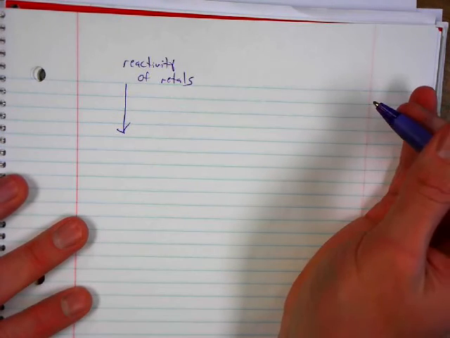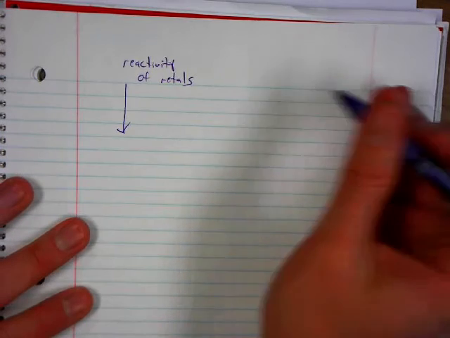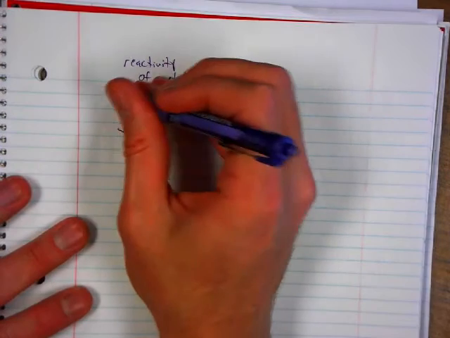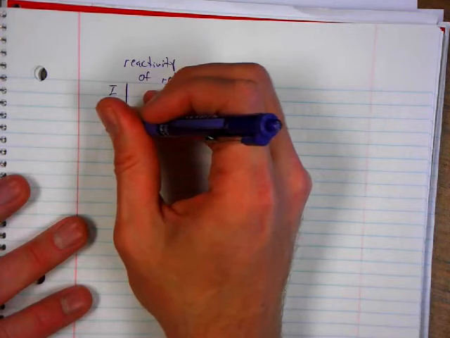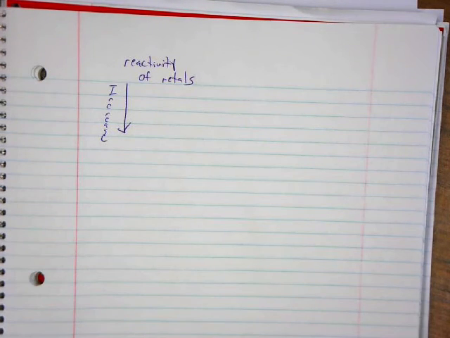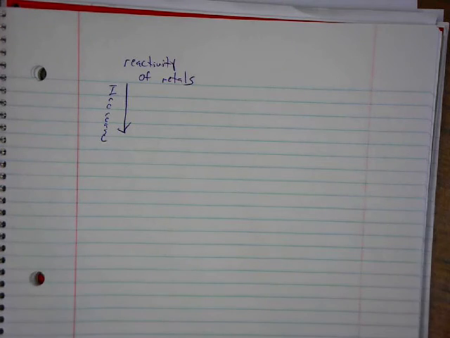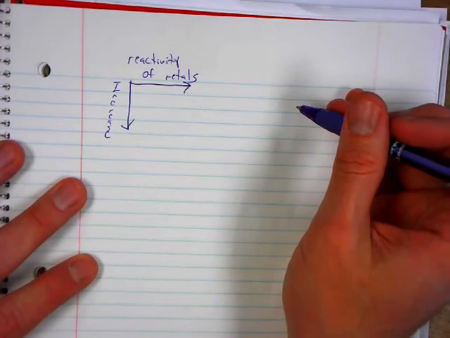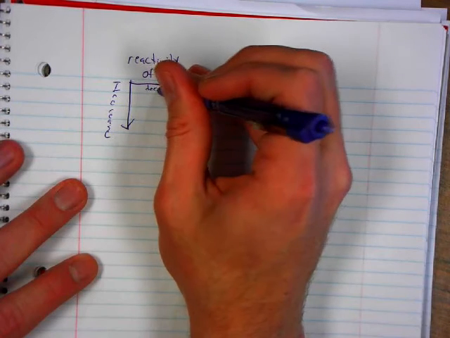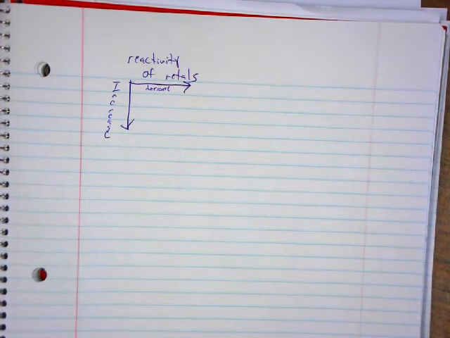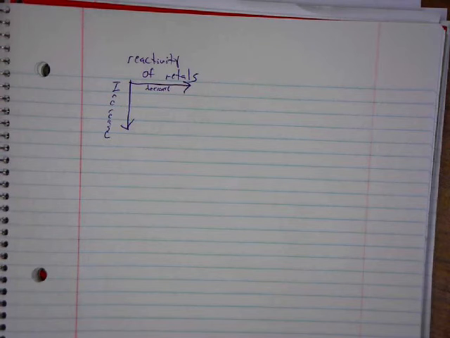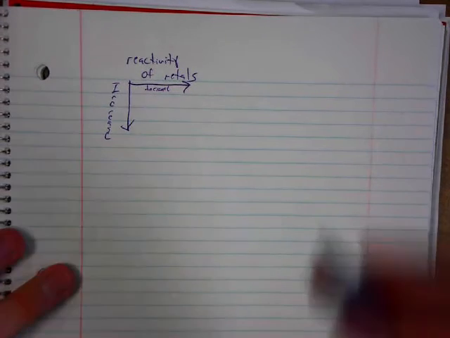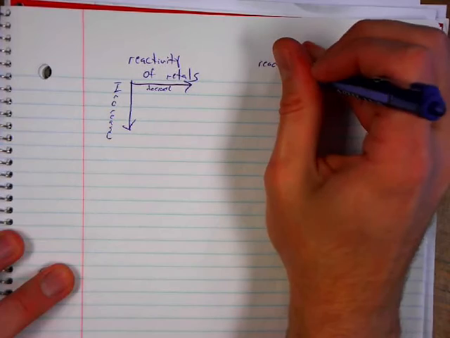So as I'm going down a group, my reactivity of metals is going to increase, because I'm adding more shielding. Same core charge, it can more easily give away an electron. As I'm going across, it's going to decrease, because now, moving to the right, it's holding onto those electrons more.